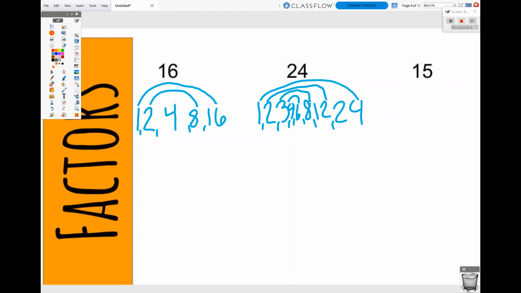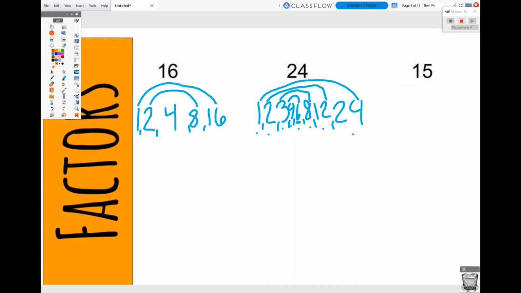There's nothing that I can multiply 5 by to give me 24. And then 6 times anything, yes. And I've already listed the 6 here, so that's how I know that my rainbow is complete. So my factors for 24 are 1, 2, 3, 4, 6, 8, 12, 24.